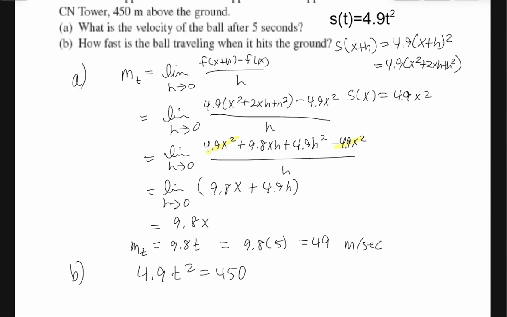So if we solve for time, we get t squared is 450 divided by 4.9. So t would be the square root of that. The reason we don't need the plus or minus is because it's a time. We're not going to go backwards in time.